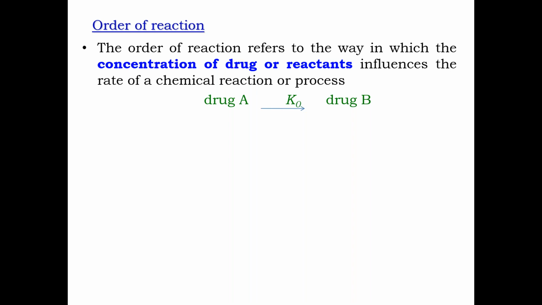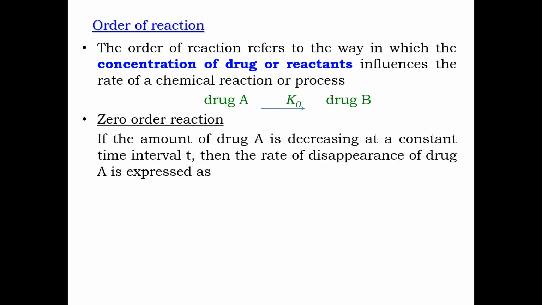the chemical reaction. So in the case of zero order kinetics, when I represent that drug A is getting degraded by zero order kinetics, the order is zero, which means there is no exponent. That means the reaction rate is independent of the initial concentration. Hope you understood.